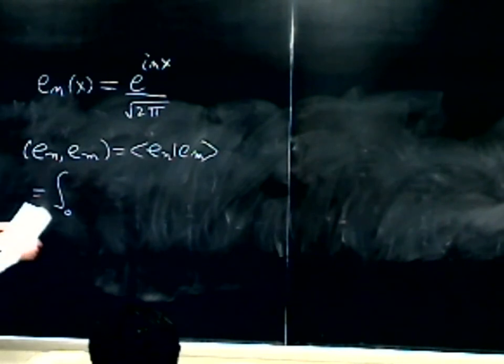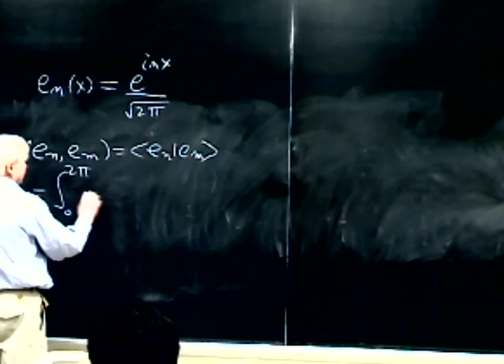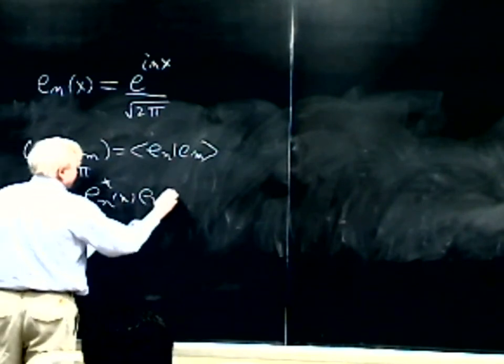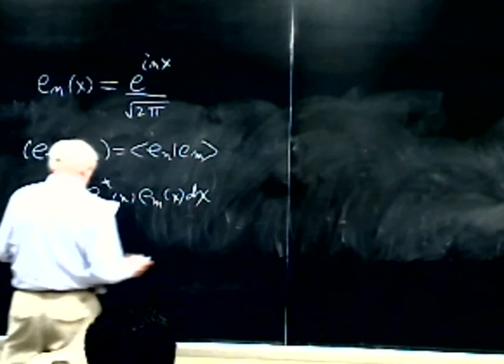This is the inner product. It's the integral from 0 to 2 pi of e_n star of x times e_m of x dx.